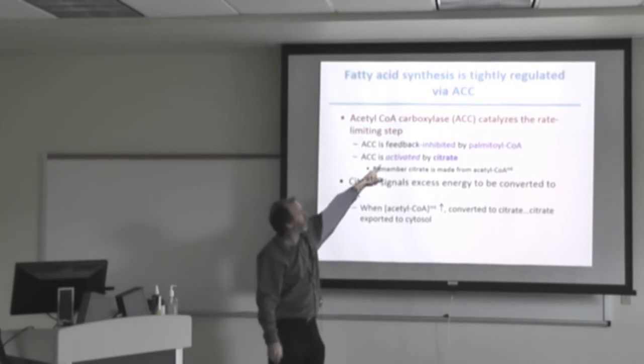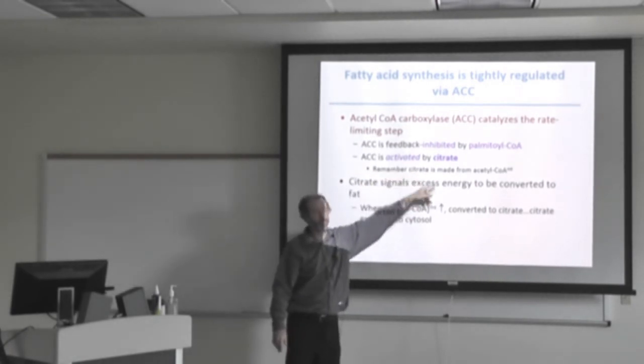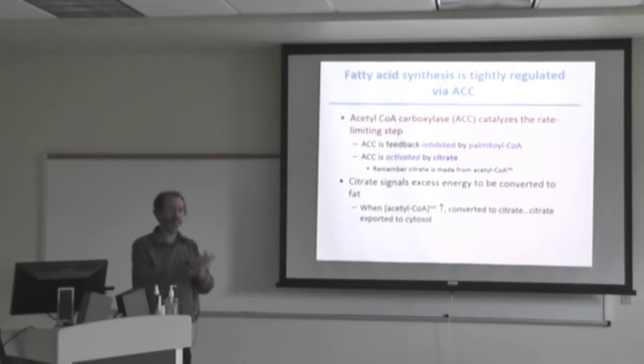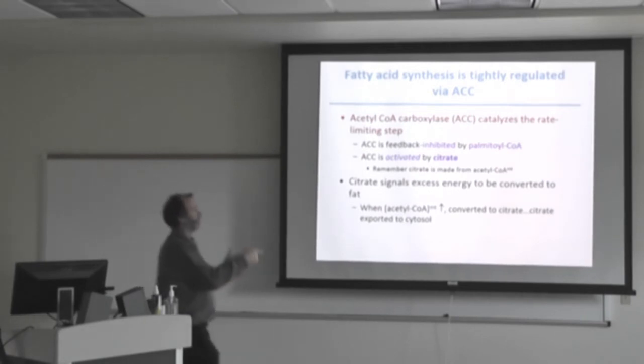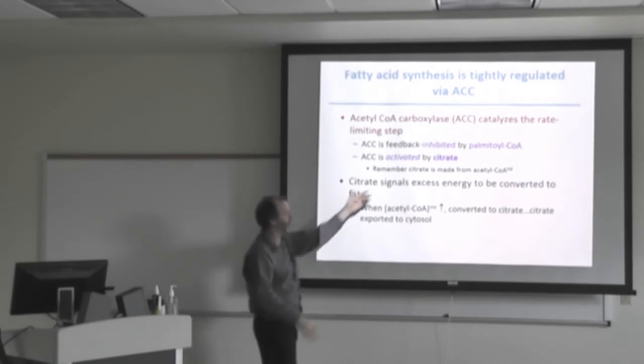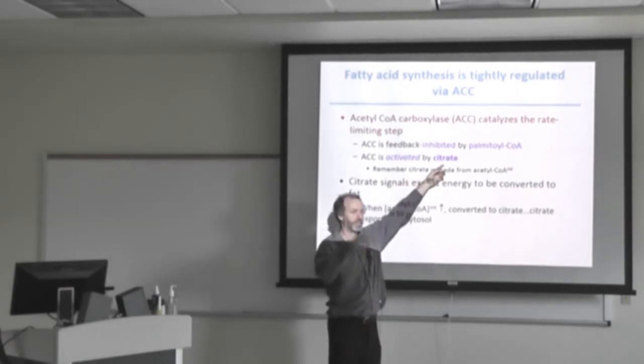And acetyl-CoA carboxylase is activated by citrate, right? So citrate, again, if the TCA cycle's backed up, we've got plenty of energy, plenty of citrate there. You've sent too much acetyl-CoA into the TCA cycle, you form citrate. Concentrations of citrate are high, they get transported to the cytosol.